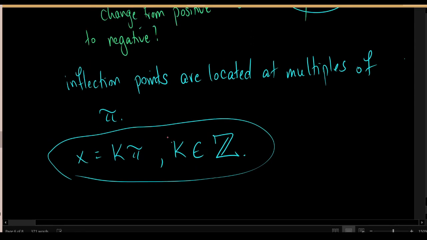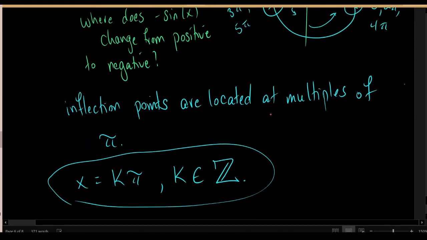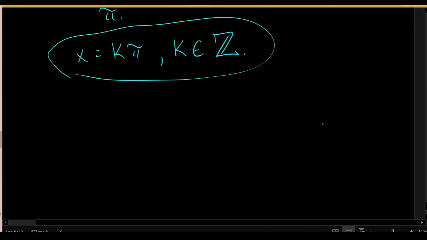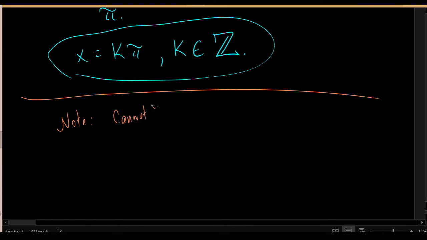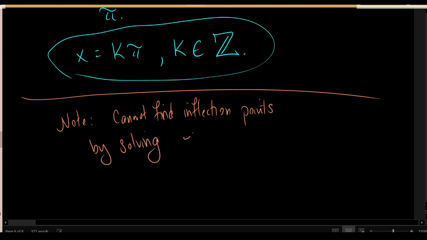Now, just as a word of warning, when you're looking for inflection points, you cannot find inflection points by solving f double prime of x equals 0.